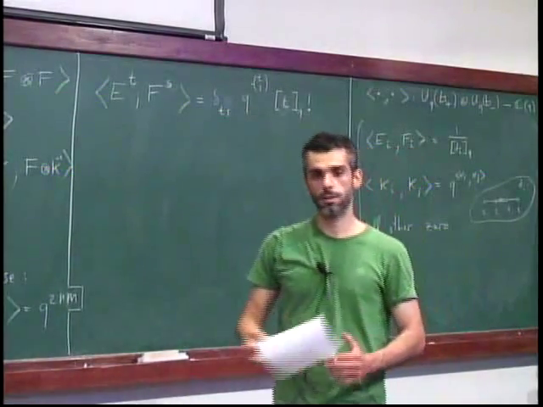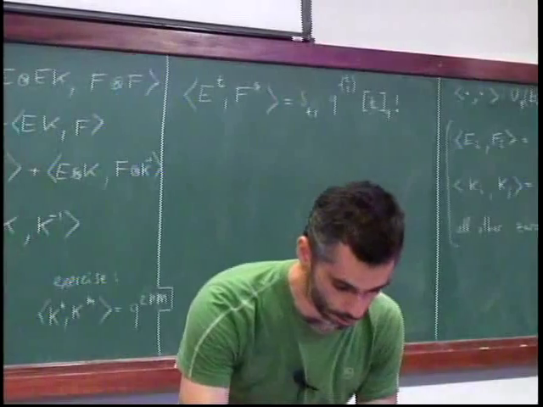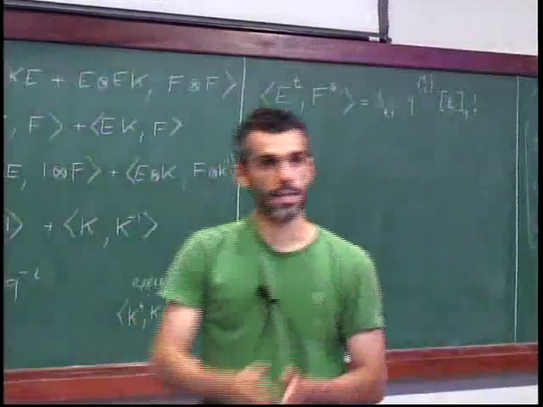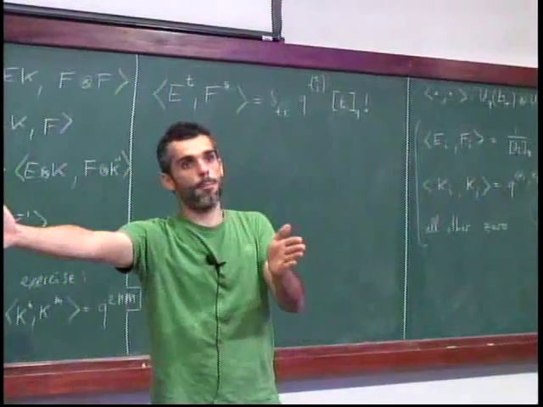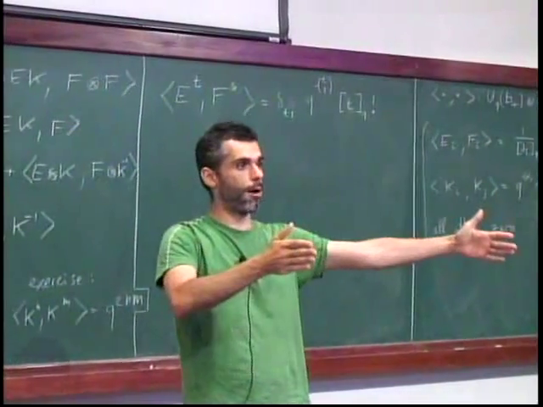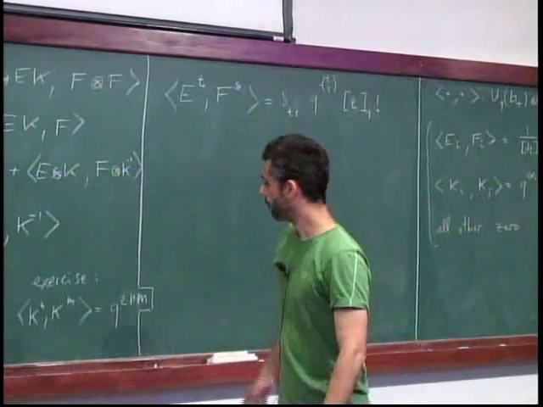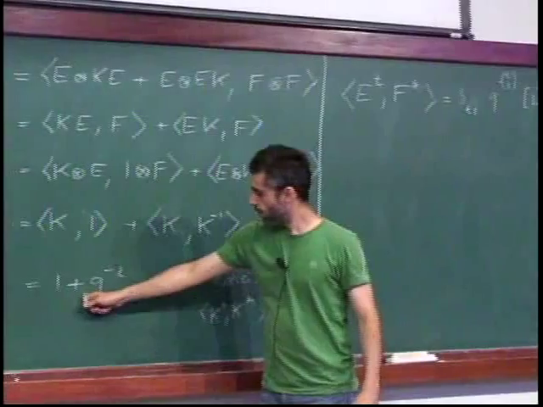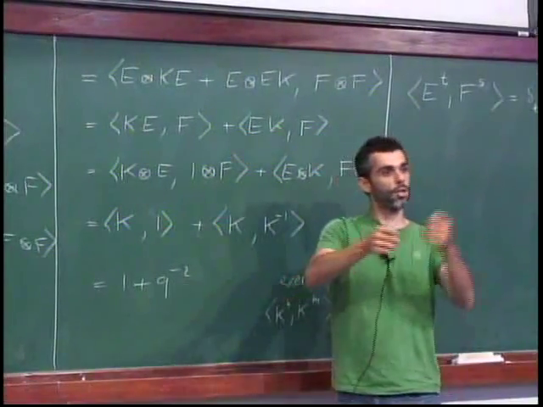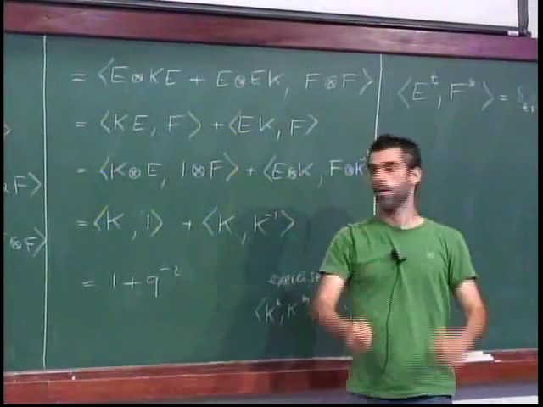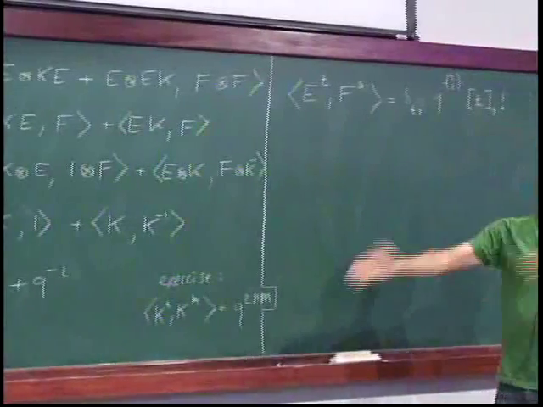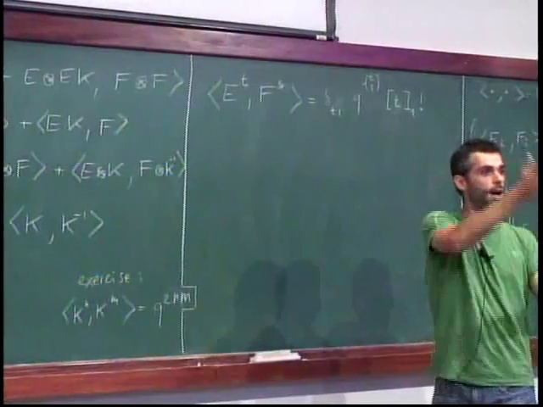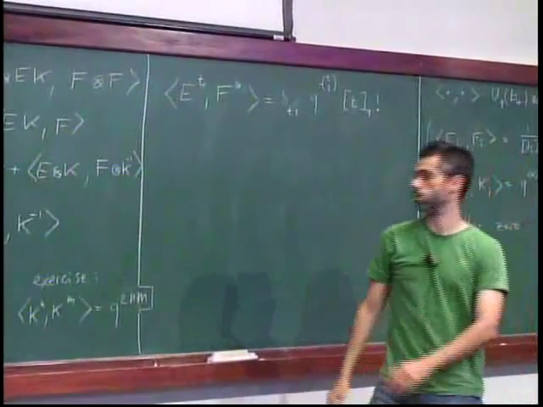So the quantum factorial, if you write it as a Laurent polynomial in q, it's symmetric. It has the same number of positive powers of q and negative powers of q. So for example, quantum factorial for 2 is q inverse plus q. And what this does is it shifts it and puts it all in the negative things. So you have a constant term and then only negative powers of q.